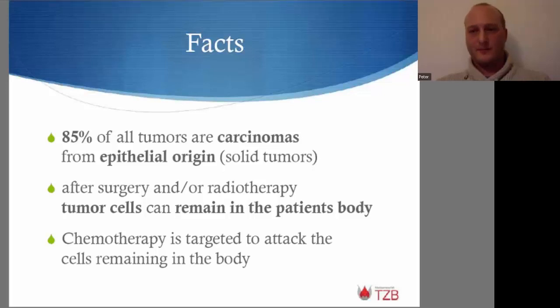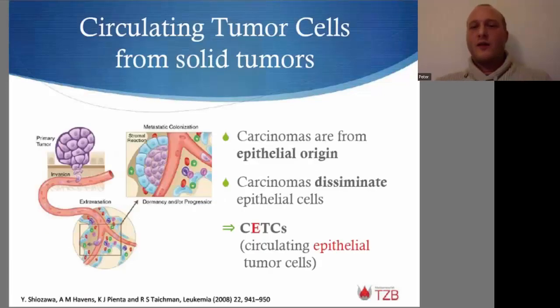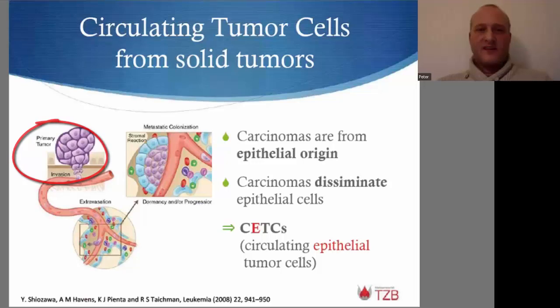What you see here is a primary tumor over here, and cells from the tumor disseminate and get into the bloodstream and can build metastasis somewhere out of the original tissue and build up new metastasis in distant places.